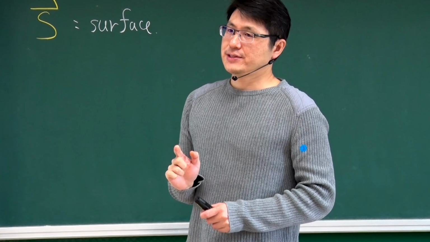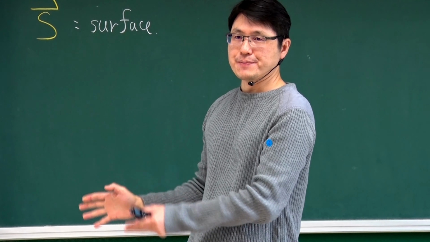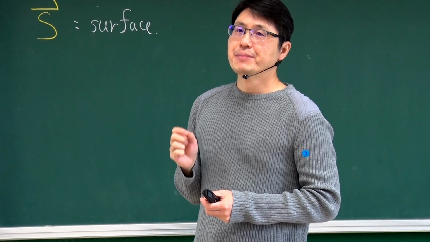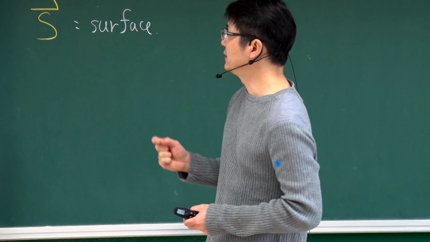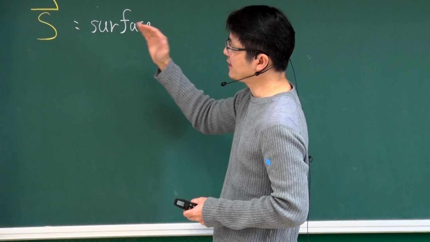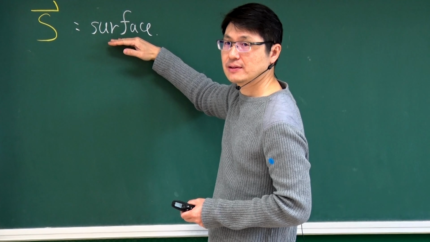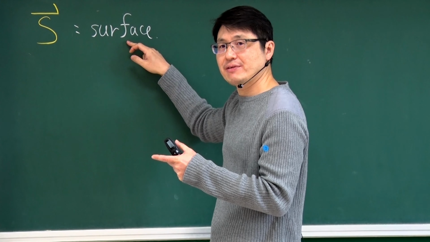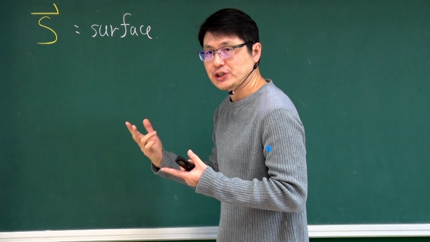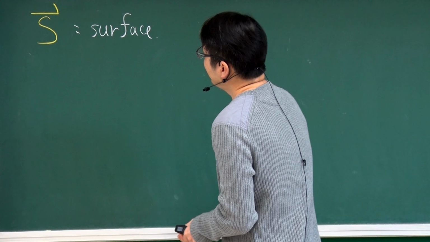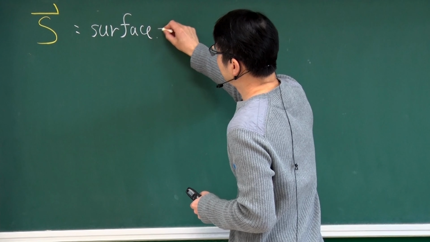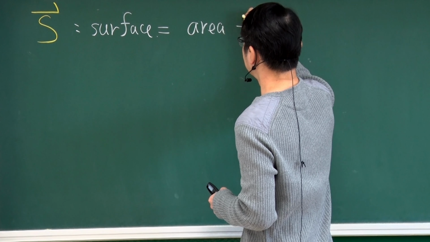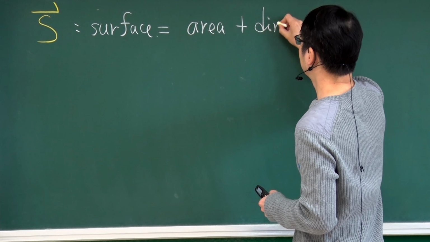In vector analysis, and for the entire semester of electromagnetics, the most crucial point is that we have to understand a surface is not just having some area, but also some kind of direction. A surface has an area plus a direction.